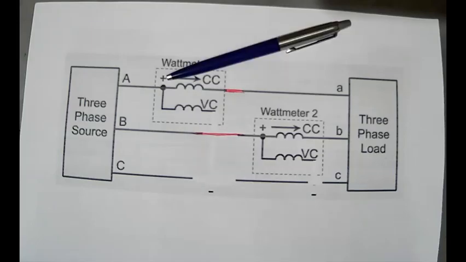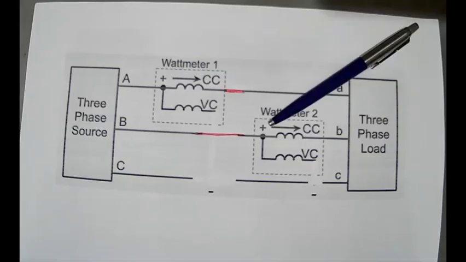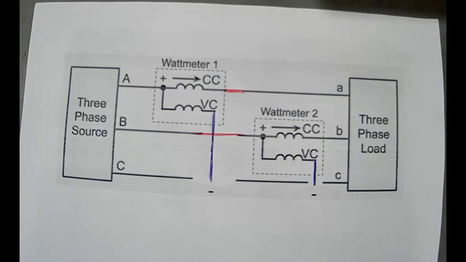Right? Notice that is the plus of the meter. That is the plus of the meter. The other side should go to negative. Okay. Potential coil. So my potential coil, I must connect that now to the other side, and there it is. Okay, and this is how we'll connect 2 wattmeters to measure 3 phases.